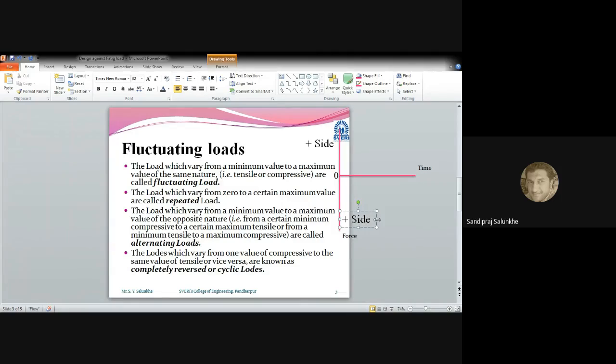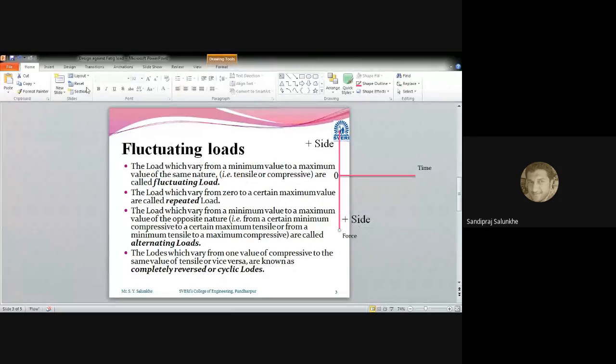It does not have any negative or positive nature. Only thing is that it is relative. Once you say tensile is positive, then compressive will automatically become negative because it has an opposite nature. That's why we say positive or negative. Hope you have understood it.